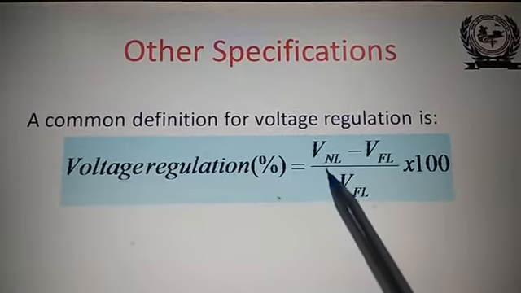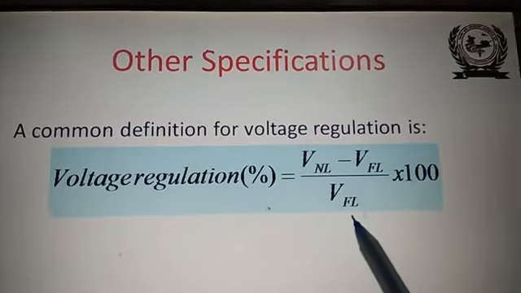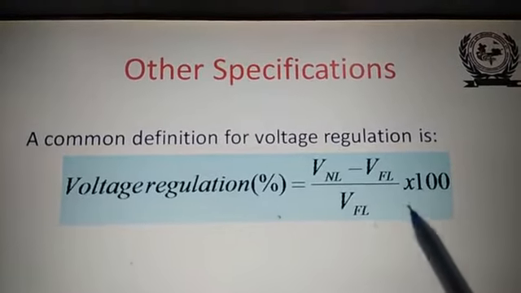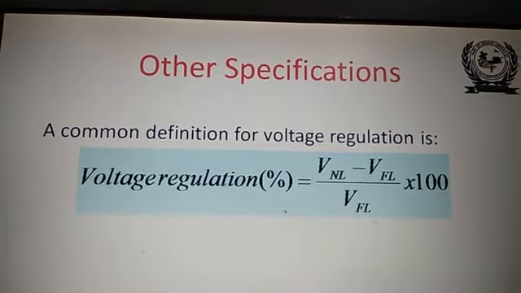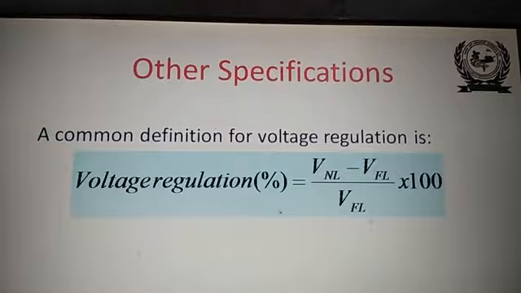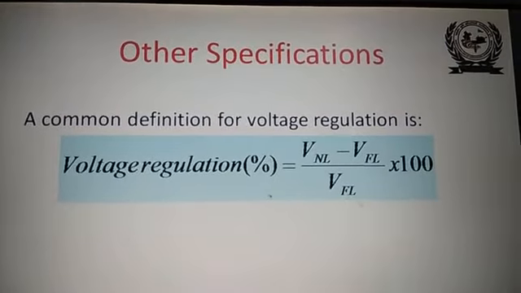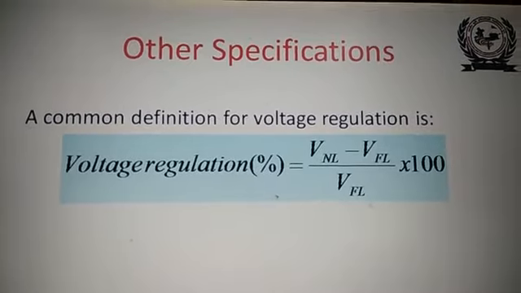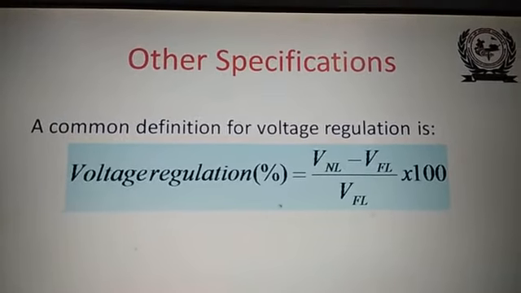So output voltage at no load minus output voltage at full load, upon output voltage at full load, into 100 is the voltage regulation, and it is in terms of percentage, therefore it is multiplied by 100. As far as a good regulator is concerned, the percentage regulation should be less.